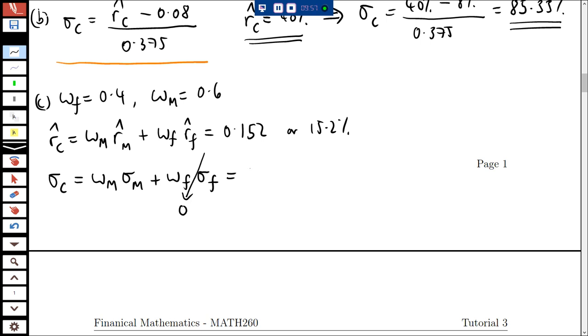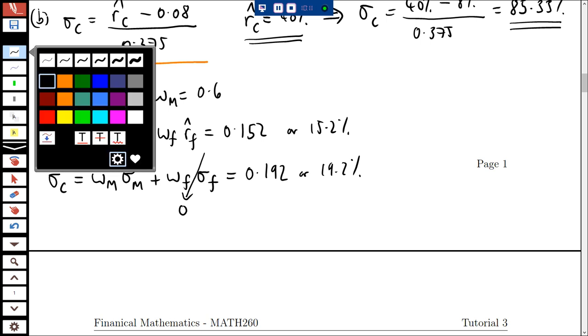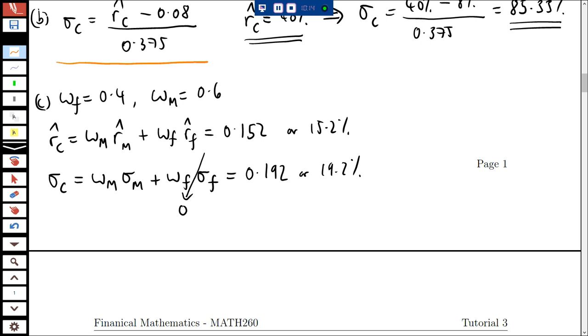So drop those numbers in, 0.192, pop that in the calculator. So the risk reward pair, well, the reward 15.2% and the risk 19.2%. And there you go. That is the end of the problem.